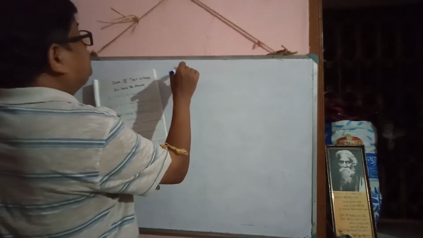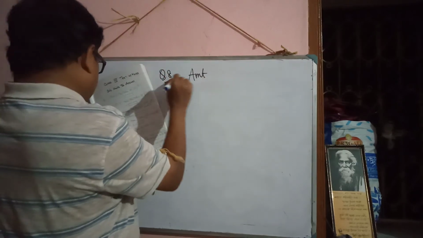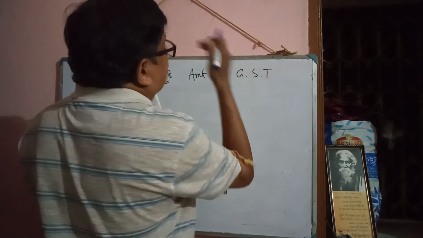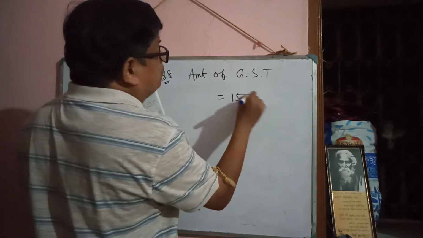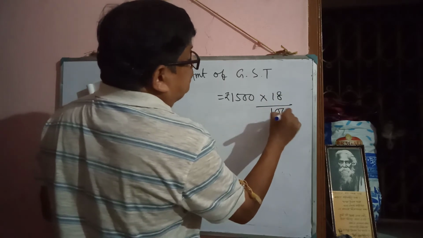Next one: find the amount of GST at a rate of 18% on rupees 1,500. Question number 8. Here the amount of GST is rupees 1,500 of 18%, 18 by 100.